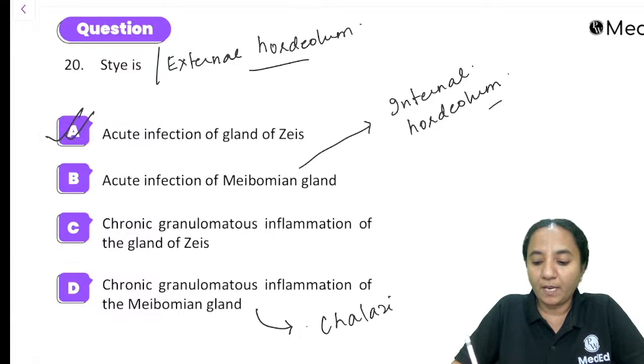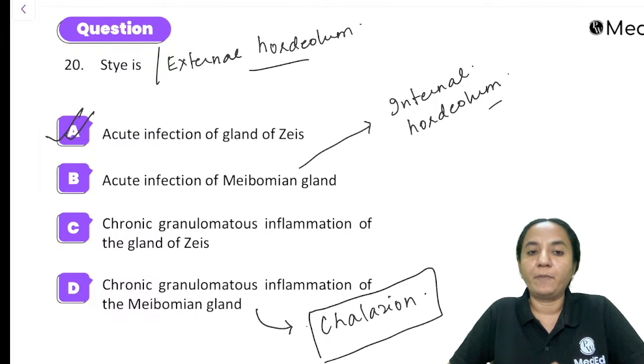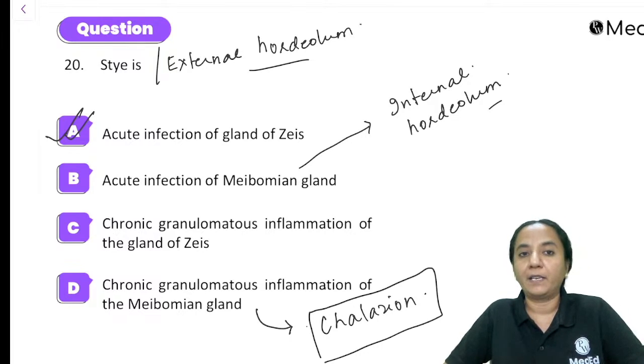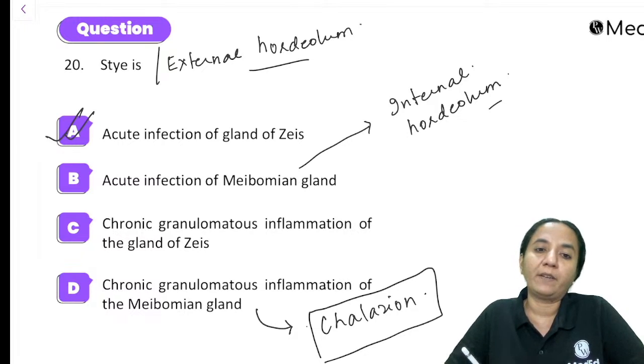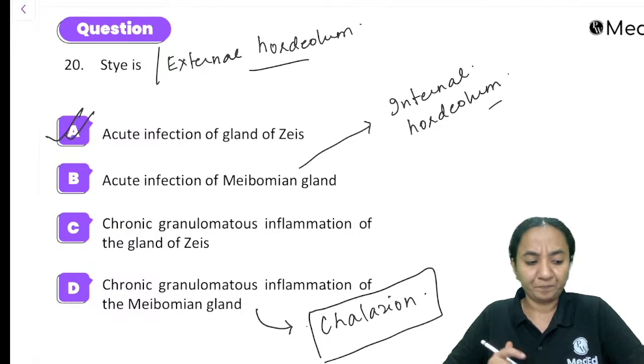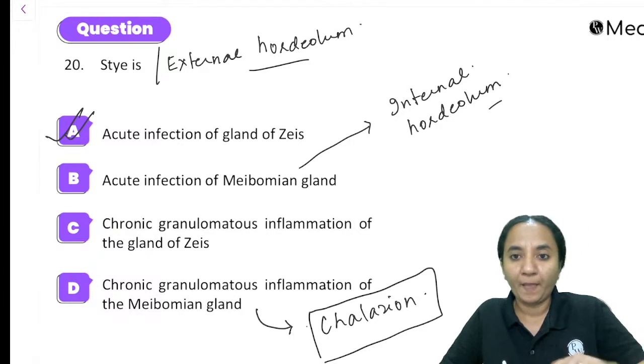So all these three can be asked as questions. Acute infection of the gland of Zeiss is stye or external hordeolum. Acute infection of the meibomian gland is internal hordeolum. And chronic granulomatous inflammation of the meibomian gland is a chalazion. Okay.